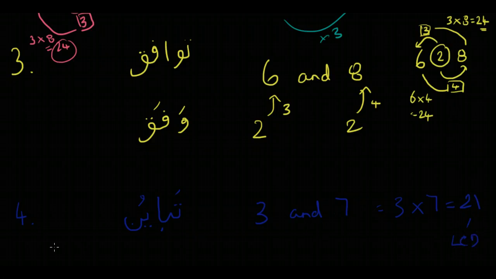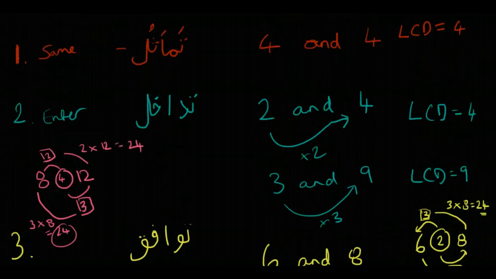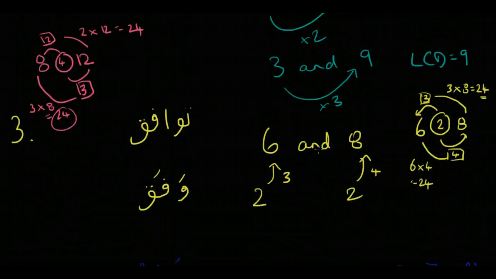So there's three relationships. So there's a total of 4 relationships. Go through them one by one. There's the meerath, where the two numbers are the same, and the lowest common denominator is either of the numbers. There's the tadakhul, where there's two numbers, one goes into the other, and so the lowest common denominator is the higher number, and the one goes into the other, and there's no remainder. And the third is the wafuq, where the two numbers, one goes into the other, but there's a remainder.